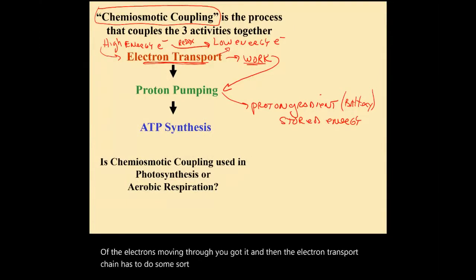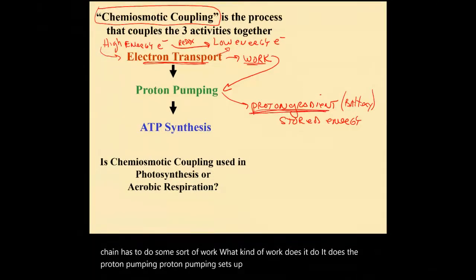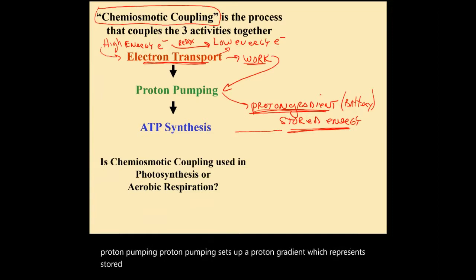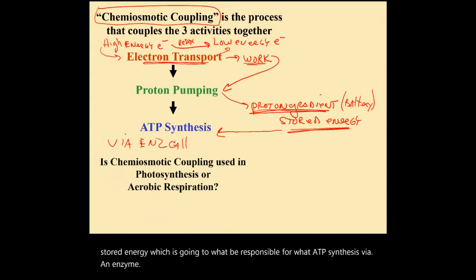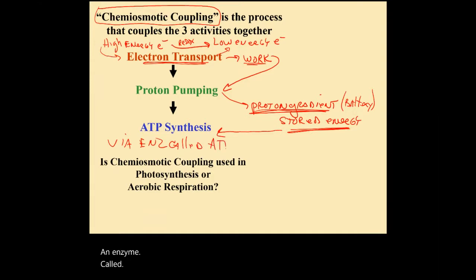What kind of work does it do? It does the proton pumping. Proton pumping sets up a proton gradient, which represents stored energy, which is going to be responsible for what? ATP synthesis via an enzyme called ATP synthase.